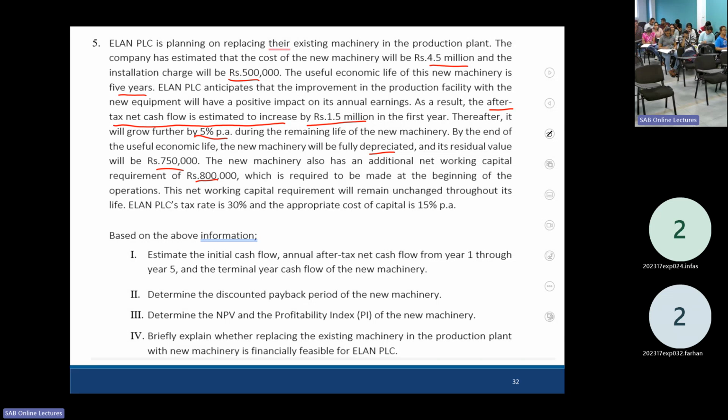This net working capital requirement will remain unchanged throughout its life, and the tax rate is 30% and cost of capital is 15%. So you can do this one. Estimate the initial cash flow, annual after tax cash flow from year 1 to year 5, and determine terminal year cash flow.